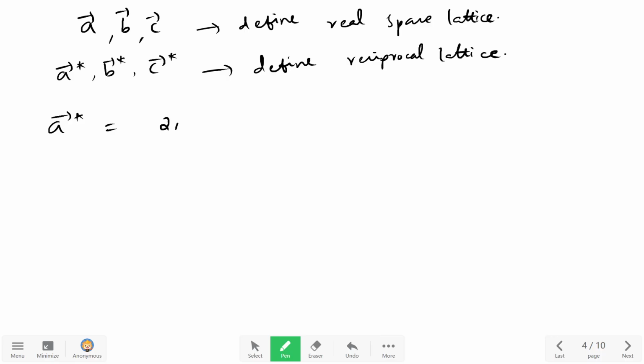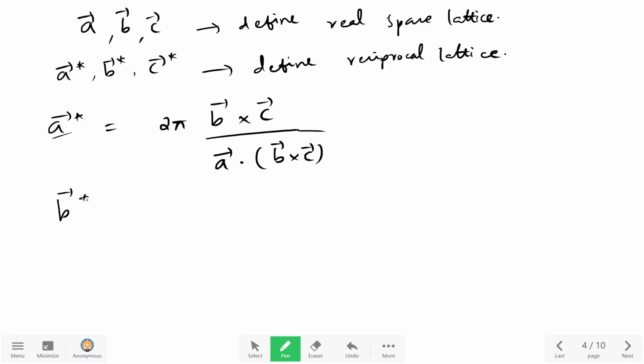a star is equal to 2 pi times, when we have a here, you will write b cross c in the numerator, and in the denominator, you have a dot b cross c. b star is equal to 2 pi times, when you have b here, you will write c cross a.